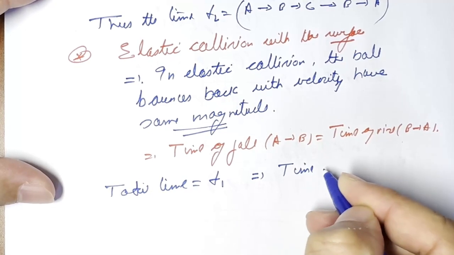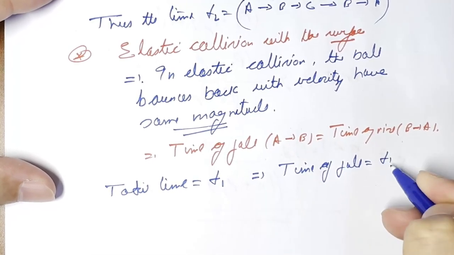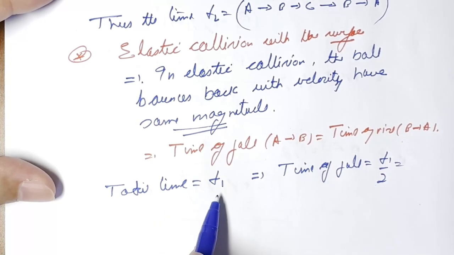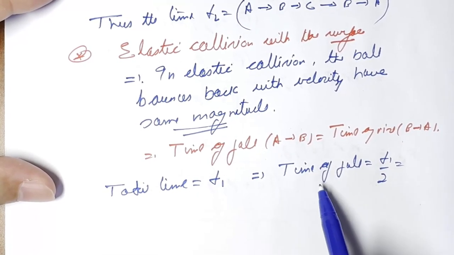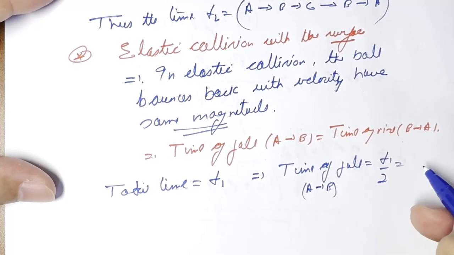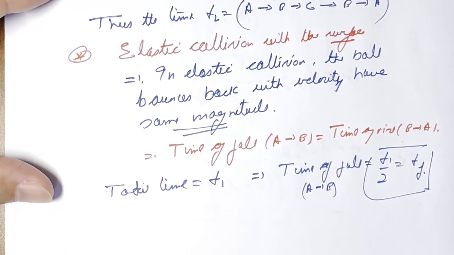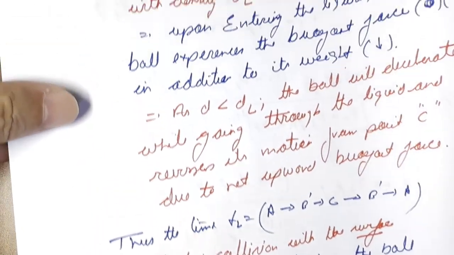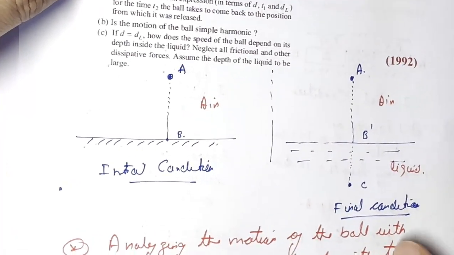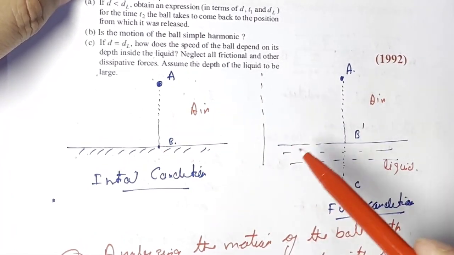So the time of fall will be equal to T1 by 2, because the total time is T1, so half of the time will be the time of fall. Let us call that TF. So we found the time taken by the ball from A to B, and indirectly we found the time taken by the ball from A to B prime, because the distance is the same.